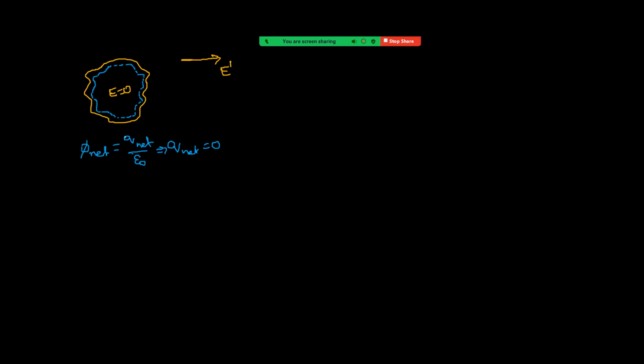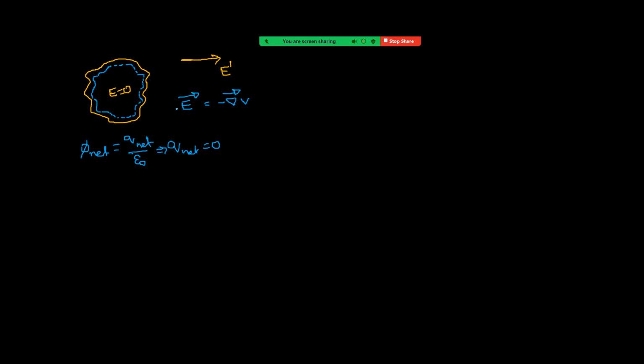Now electric field is zero means, if you remember, we have learned earlier E bar equals minus del bar into V. We read this as electric field intensity is equal to negative of potential gradient.